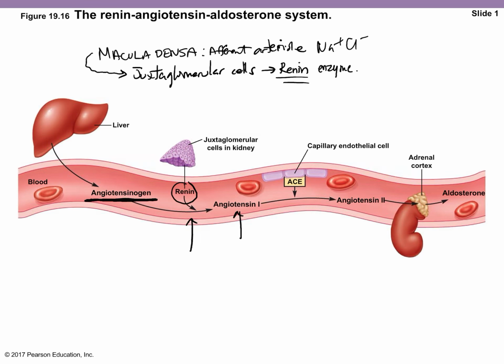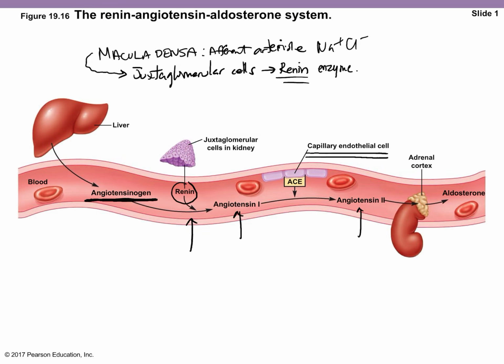Angiotensin 1 needs to get another chemical reaction done, and that's by ACE. ACE is called angiotensin converting enzyme, and ACE is actually found on the walls of your endothelial cells, so on the blood vessel walls, very high concentrations in the lungs, but throughout the body. This is going to convert angiotensin 1 to angiotensin 2.